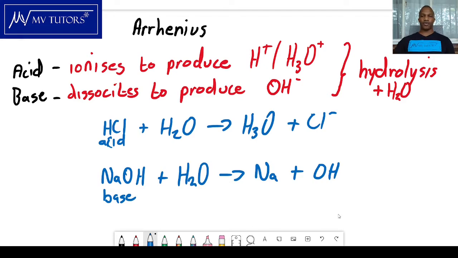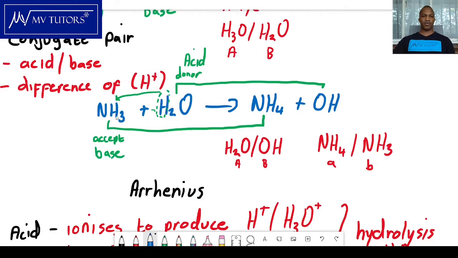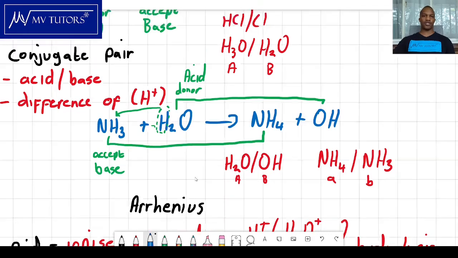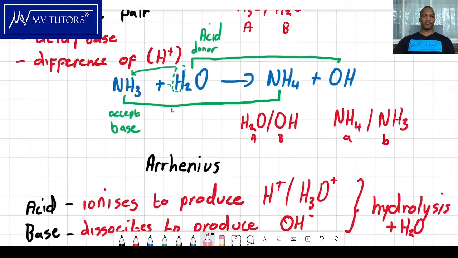Also, if you look at our previous examples, remember we added water to this one and it produced OH, so it must be a base. While this one produced H3O, so it must be an acid. So those are two ways of identifying an acid or a base.